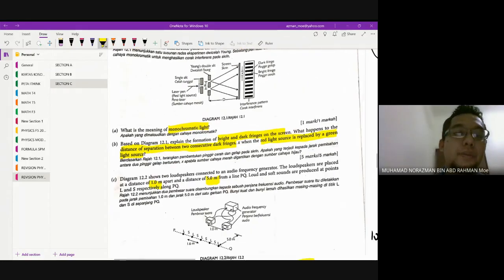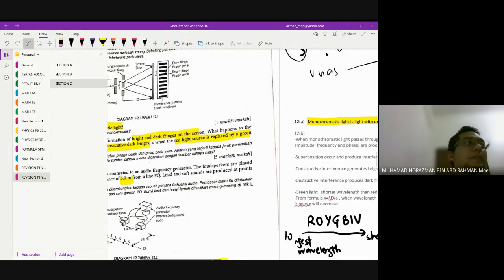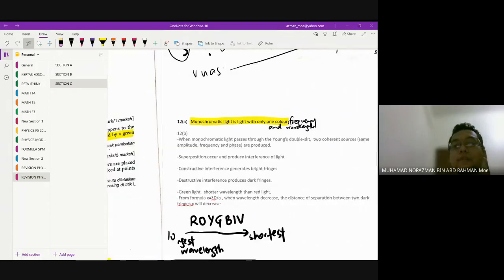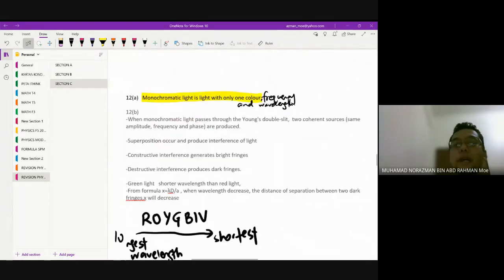They want you to explain how bright and dark fringes are produced. Or if it's not Young double slit experiment, they will ask you about sound, how loud sound and soft sounds are produced. So basically we want to explain about interference of wave, in this case, interference of light.